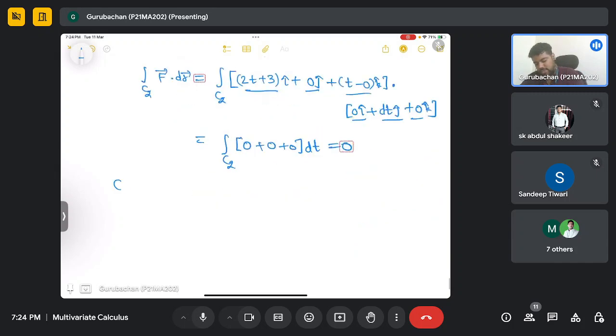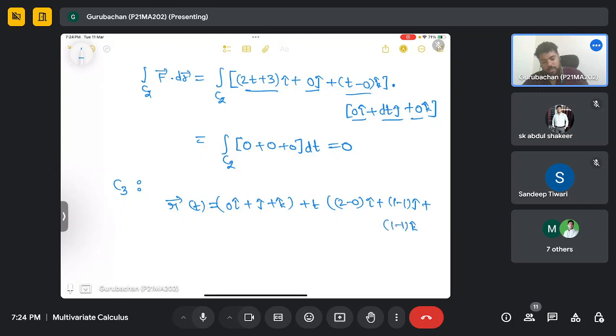Now the last part is third, C3. So we are joining 0, 1, 1 to 2, 1, 1. Okay. So from here, 0 i cap, j cap plus k cap plus t times 2 minus 0 i cap plus 1 minus 1 j cap plus 1 minus 1 k cap.